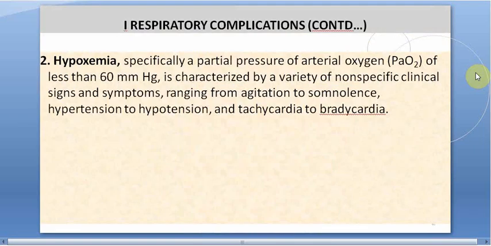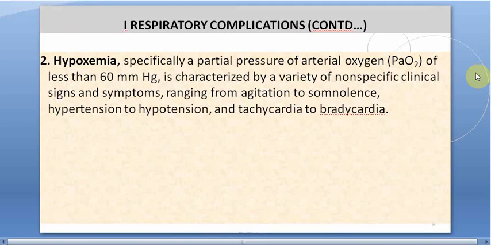Next one is hypoxemia. Hypoxemia specifically is a partial pressure of arterial oxygen which is less than 60 mm of Hg. Usually in case of hypoxemia, the person can have various signs and symptoms.